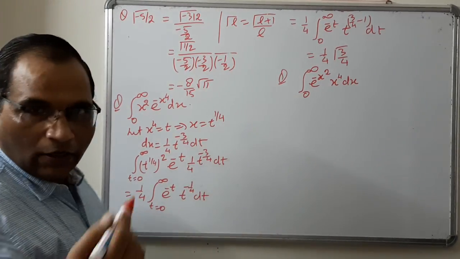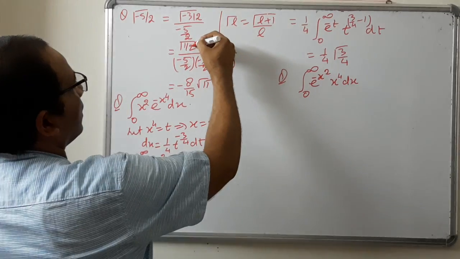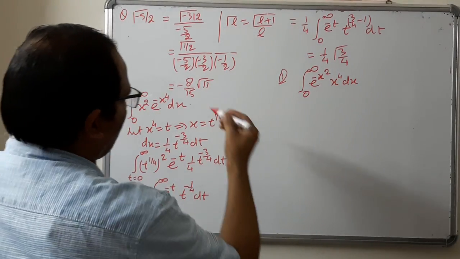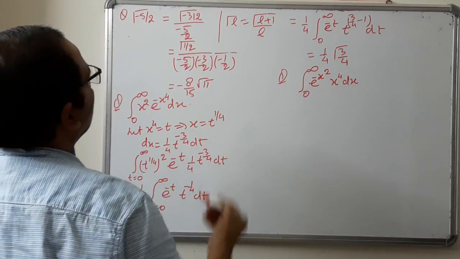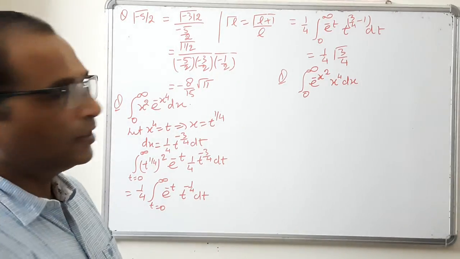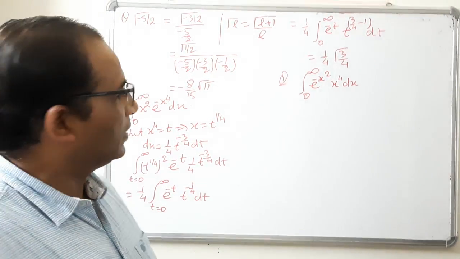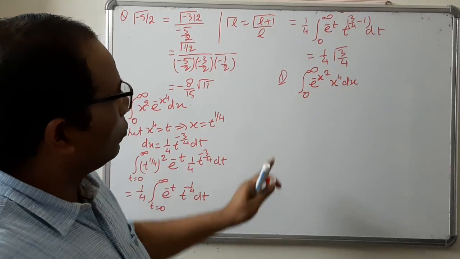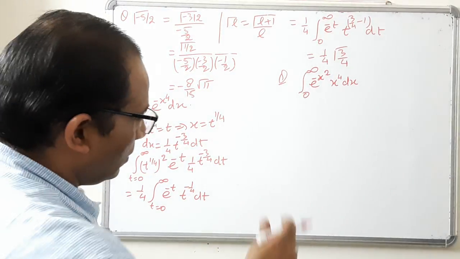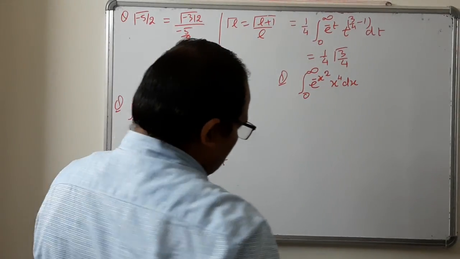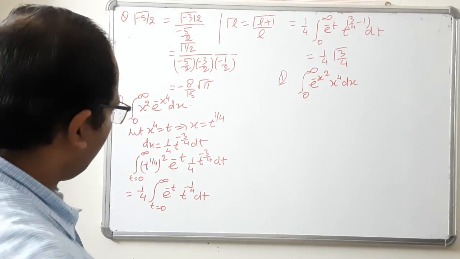Because we know the value of gamma(1/2), write it in the numerator. The value of this is -8/15 root pi. Like this, we can find any value of gamma(-7/2), gamma(-9/2) and so on, using the formula which we proved previously.